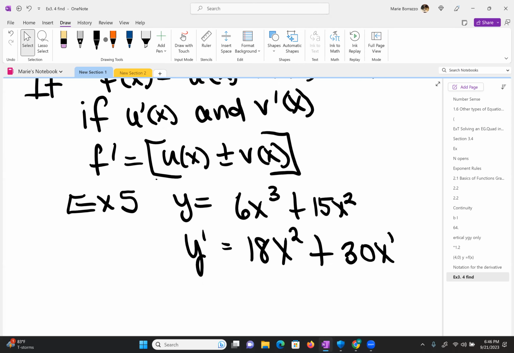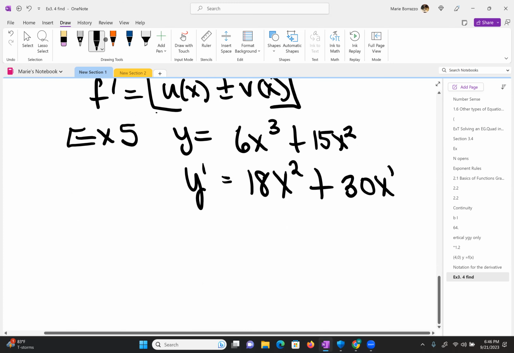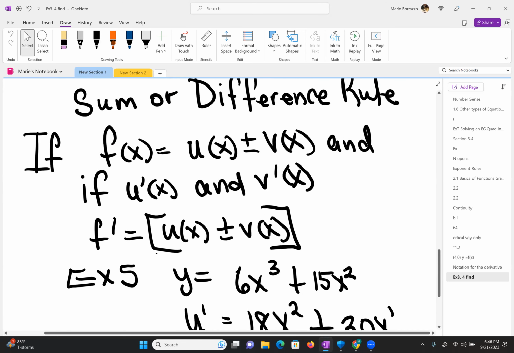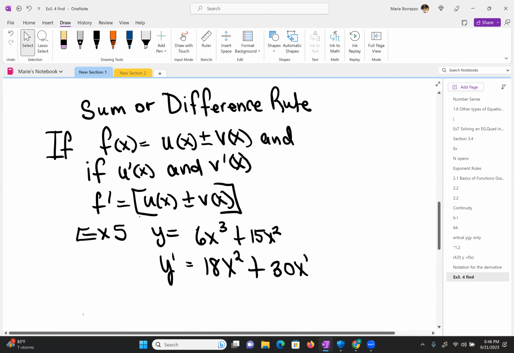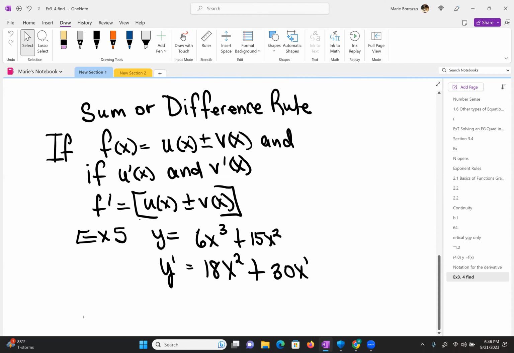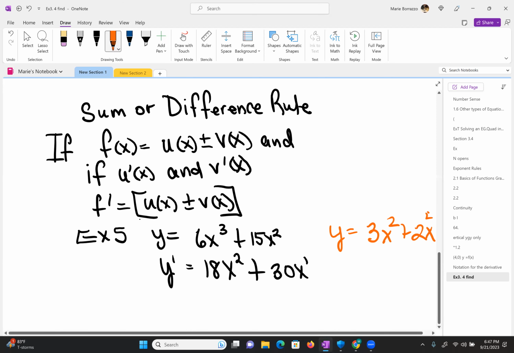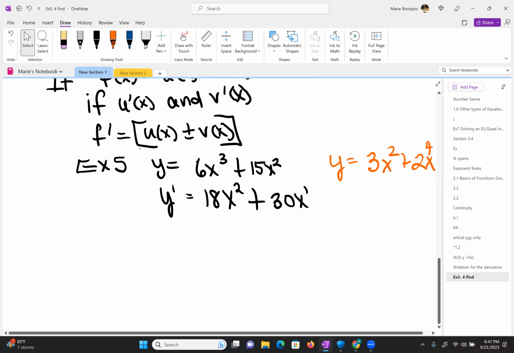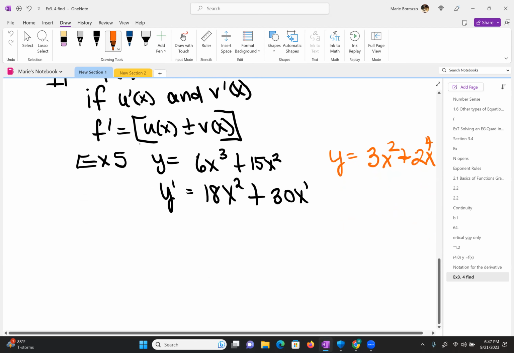I could give you another example if you need. Let me know. Okay, so all this craziness, that's why I want you to understand. Sometimes the calculus writers go a little overboard. All they're saying is, if I have some function, call it f of x, call it y, call it whatever you want, and I say to you, I have 3x squared plus 2x to the 4th power, find the first derivative using the sum and difference.